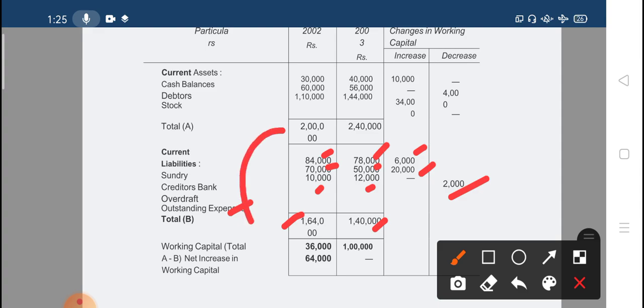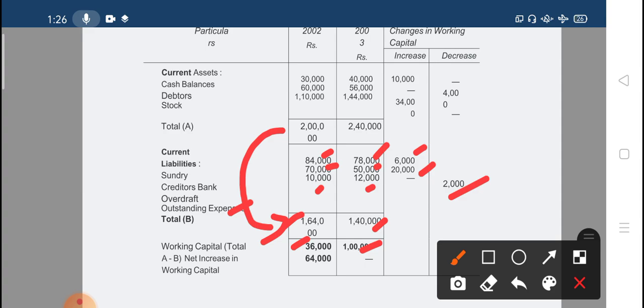If we deduct total current liability from total current assets, we will get 36,000 of working capital in 2002 and 1 lakh of working capital in 2003.